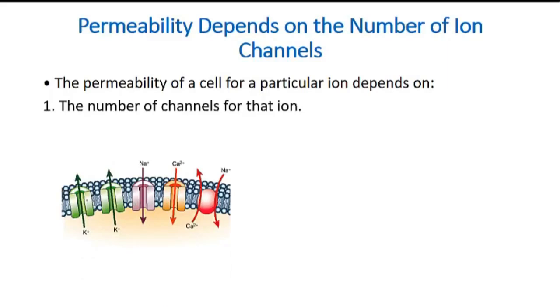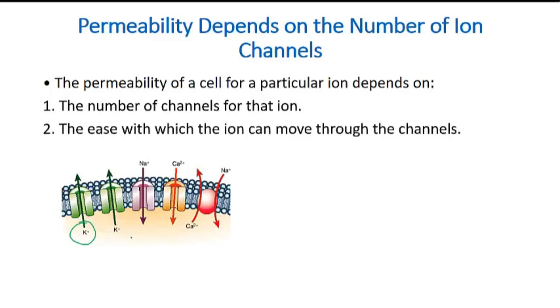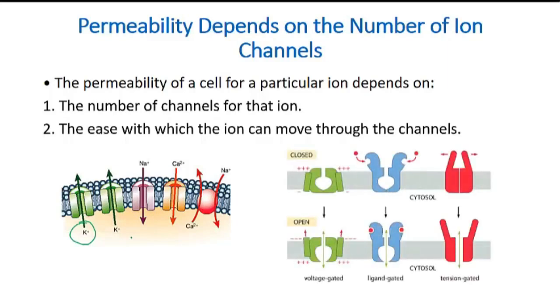For example, if you are looking at the permeability to potassium, and the cell increases the potassium ion channels in the membrane, that cell will be more permeable to the net movement of potassium pretty easily, right? And the second important factor is the ease with which the ions can move through the channels. If an ion is small compared to the size of an ion channel, it goes through easily. But if it's a larger one, it will be trapped.